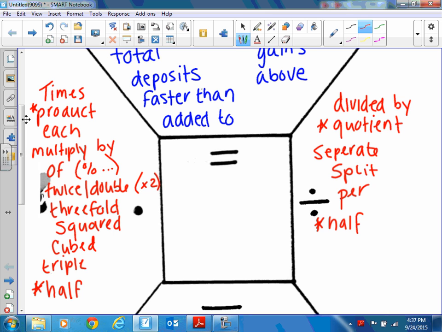All right, the final one that we're going to look at is equals. So some of the ones for equals, right, we can have equals. We can have the same as. Equivalent to.